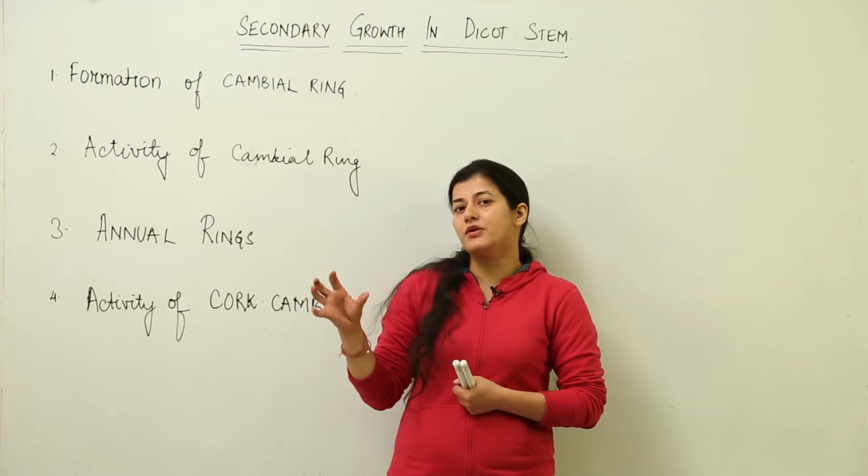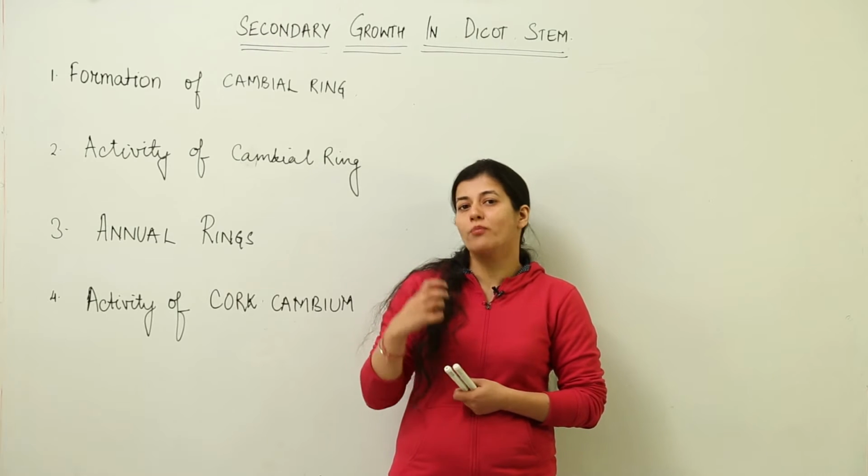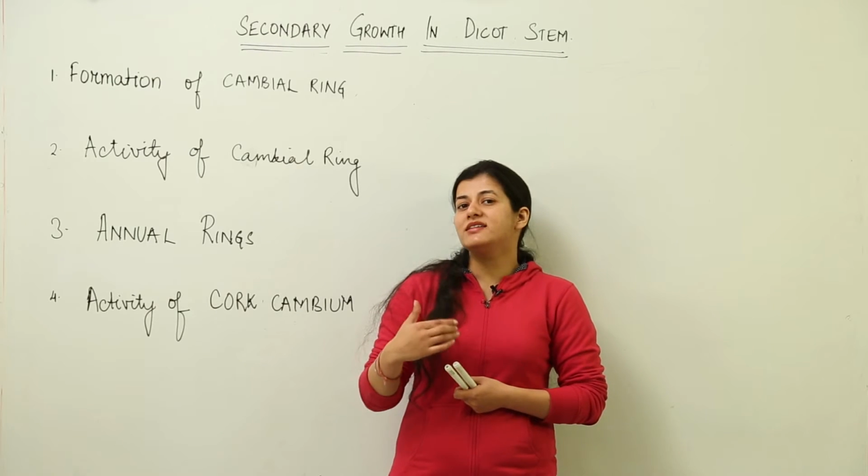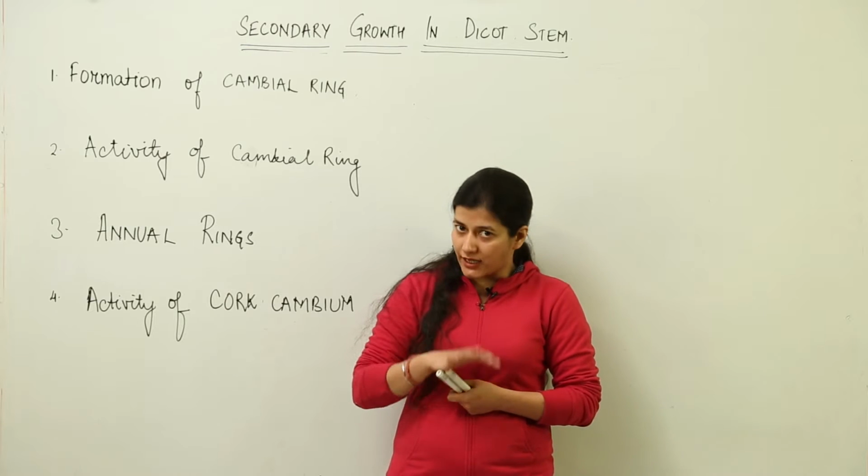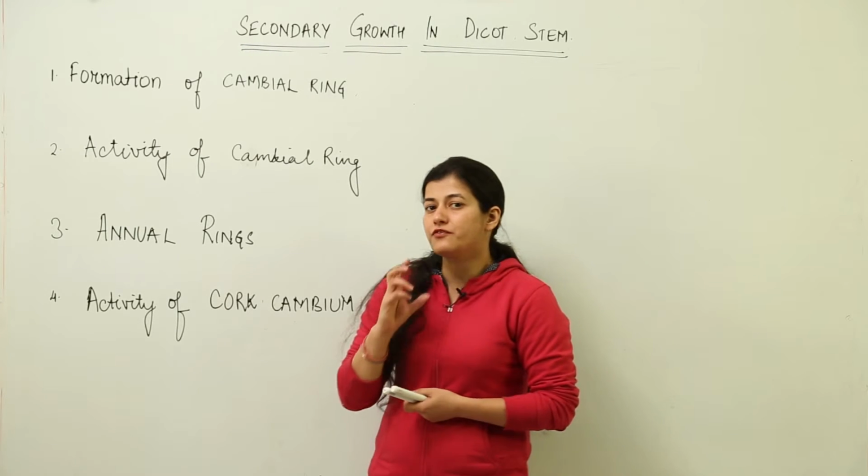So, this cambial ring is going to form new cells known as secondary xylem and secondary phloem from the fusiform initials.